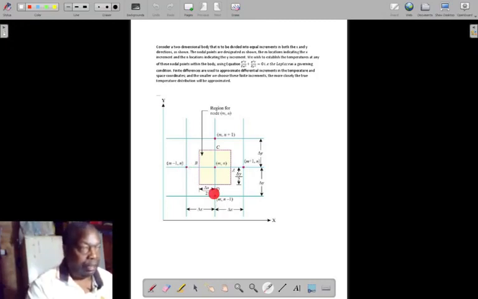For this node here, we have a movement in the y direction in the negative direction, so we'll have n minus 1 there, but m remains the same.